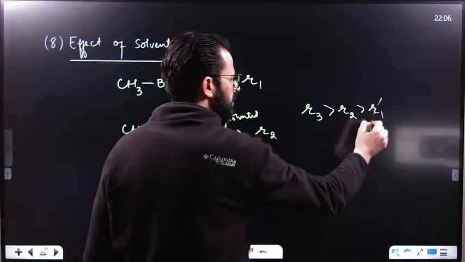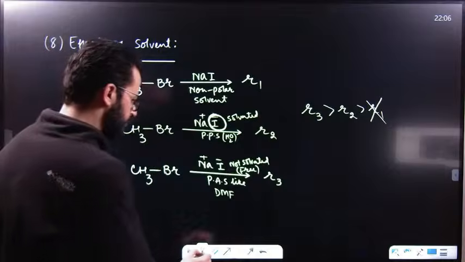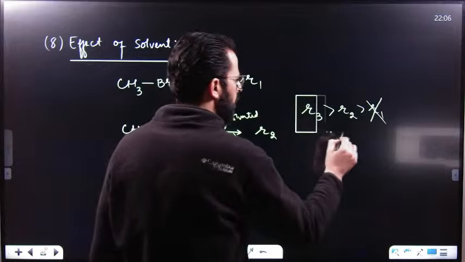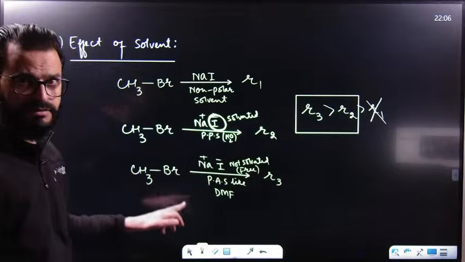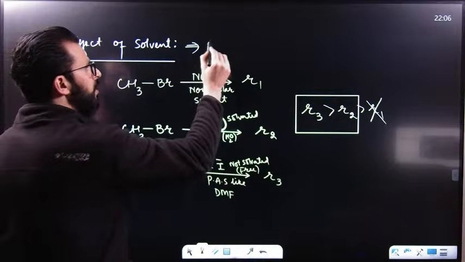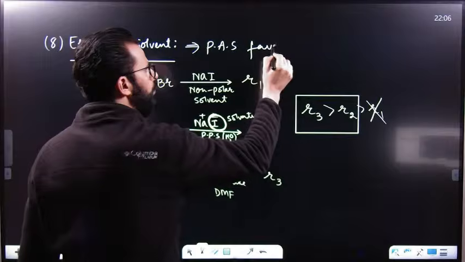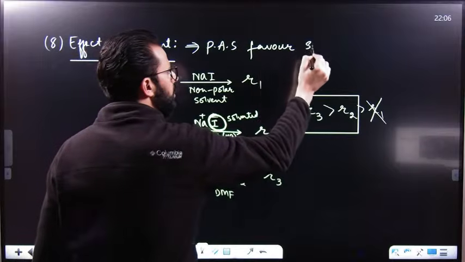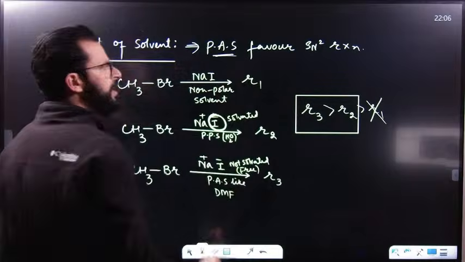Or we can say this will not favor SN2 reaction. But among these two, which one will be more favorable? That means this one. So in a nutshell, polar aprotic solvents favor SN2 reaction.